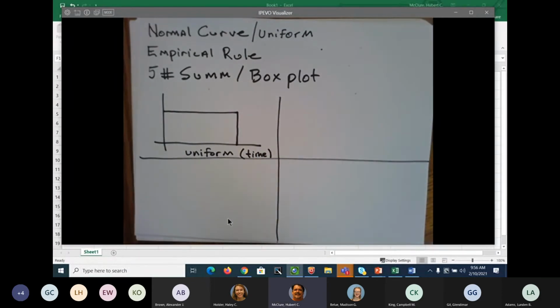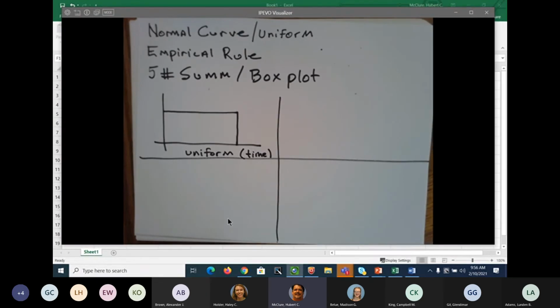Why is time uniformly distributed? Okay, Miss Louisiana, what does peak mean? Did I miss something? Okay. You know, this is going to be a long semester.